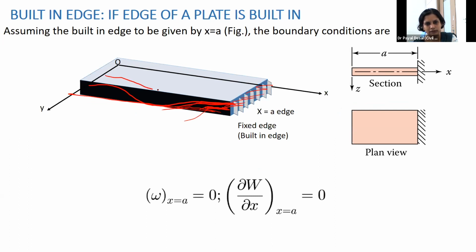The tangent plane of this plate is meeting basically with the original surface, that means slope is zero. So del W by del X is zero. These are the boundary conditions for the fixed support.